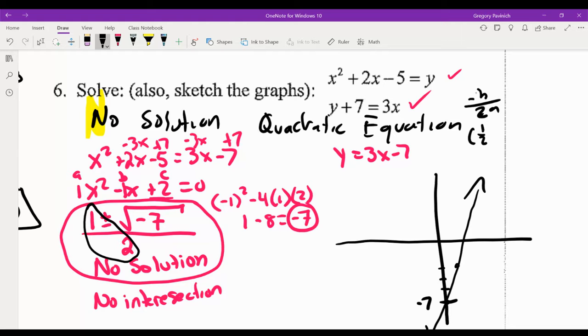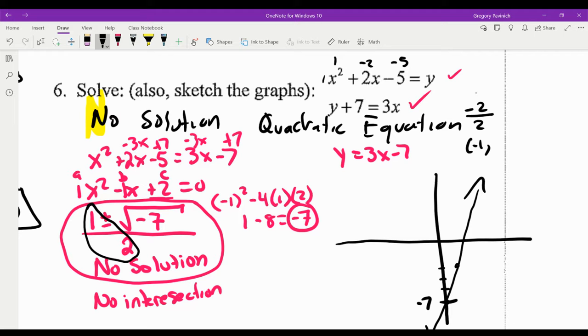Let's see. Oh, I did opposite b over 2a from the, I'm not thinking from the two set equal to each other. So I'll have to do opposite b over 2 times my a, which 2 times a is 2 here. Sorry about that. It's -1. And if I plug a -1 back in here, I get 1, -2, and -5.